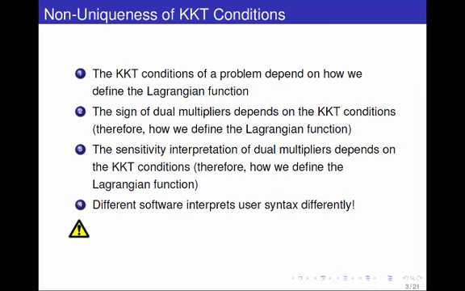You already have dual feasibility constraints based on the way you define the Lagrangian. What are they for this problem here?